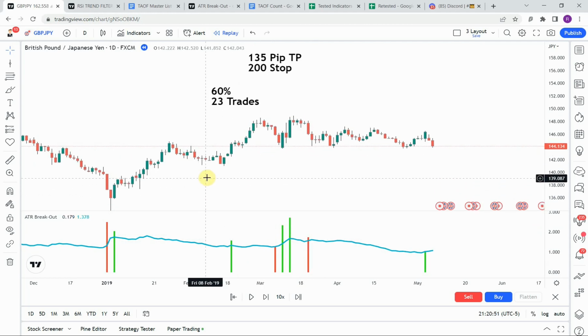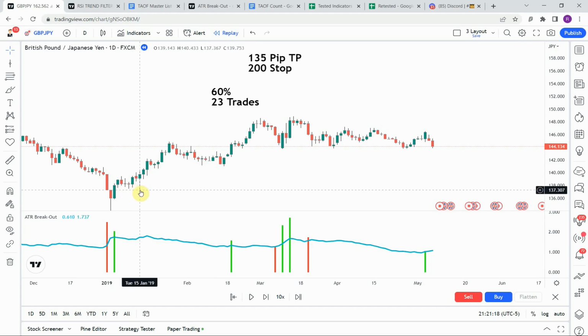And so basically this indicator is notating or kind of showing any candles that are outside of the ATR, the average true range. And so if you don't know what that is, you can go ahead and look at it. But basically the average true range kind of designates or calculates the average range of the candles.